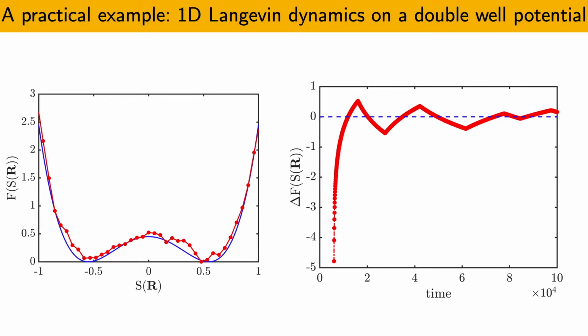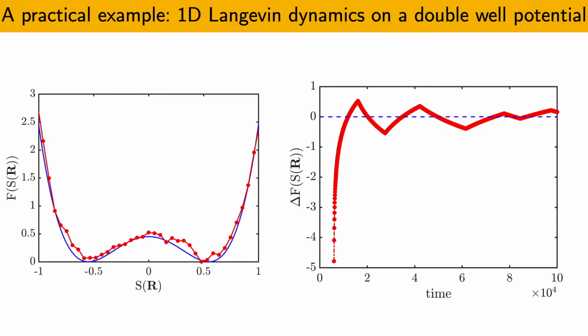If we sample how the difference in free energy between these two states changes over time, we see that the system is converging to the correct answer, which is 0 for this model. And we see that this convergence gets better and better with time, and that is essentially another manifestation of the ergodic principle, which is telling us that the time averages that are sampled through dynamics are converging to the ensemble average.